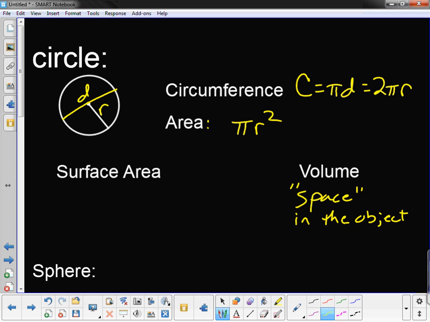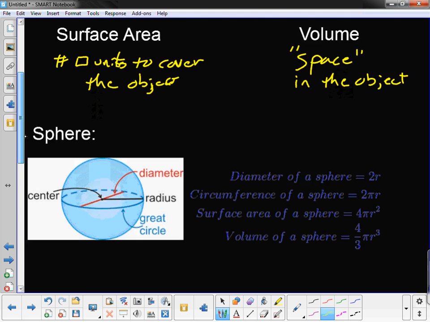Surface area is the number of square units to cover the object. So how much is it going to take to completely go over the top and around it? You can think of surface area as the wrapping paper, and volume as how much you can get in there. So let's take a look at the sphere itself.